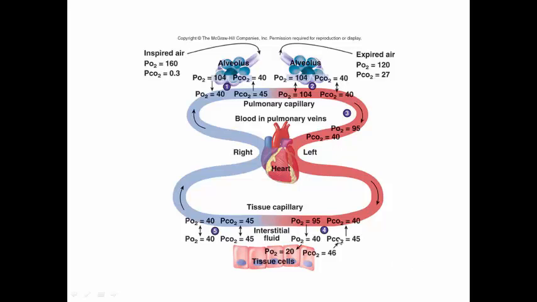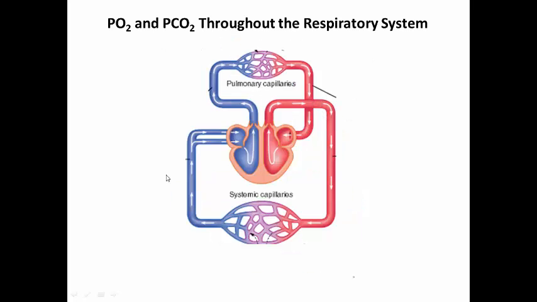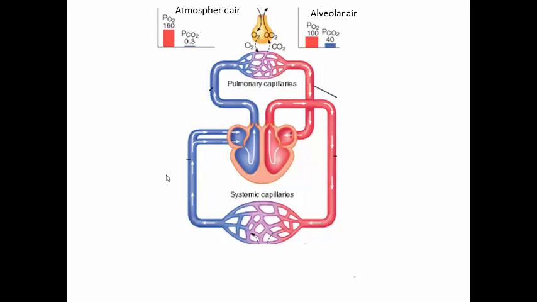This is the partial pressures of oxygen and carbon dioxide in the interstitial fluid. Now, this is the partial pressure of oxygen and carbon dioxide in the venous blood. So, same thing here. So, this is in the atmospheric air, assuming that the atmosphere is dry and at the sea level, the partial pressure of oxygen is 160 millimeters of mercury.